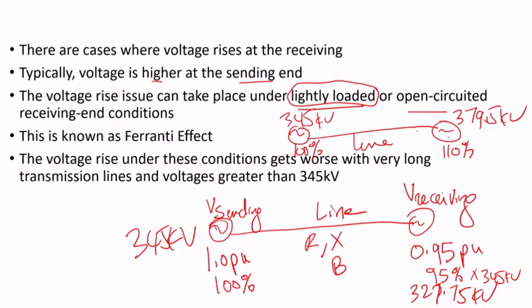Or if somehow this breaker here is open, then we might ask why, if this breaker is open, load current is 0, do we have that voltage rise?